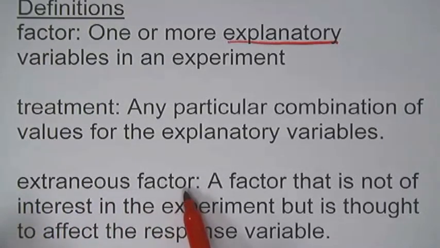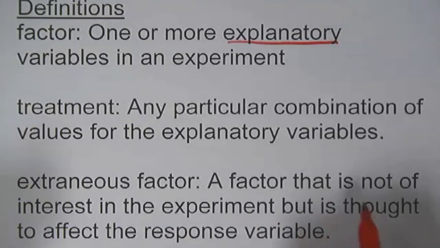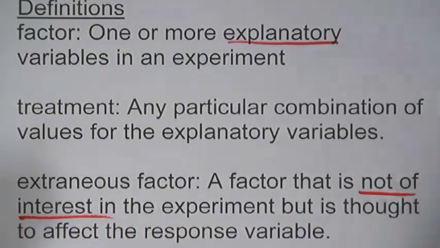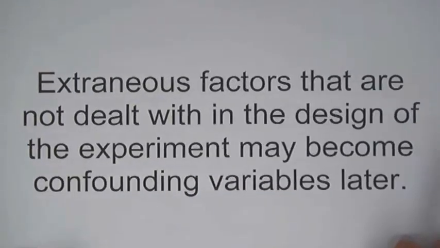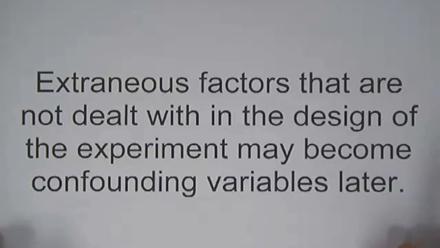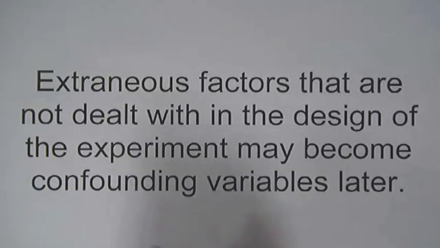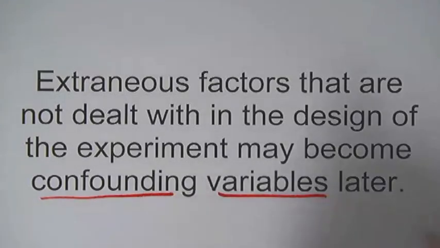Now an extraneous factor is a factor that is not of interest in the experiment but is thought to affect the response variable. The important thing here is "not of interest." If it's not of interest, really an extraneous factor is bad. It's extraneous. And the reason they're bad is extraneous factors that are not dealt with in the design of an experiment may become confounding variables later.